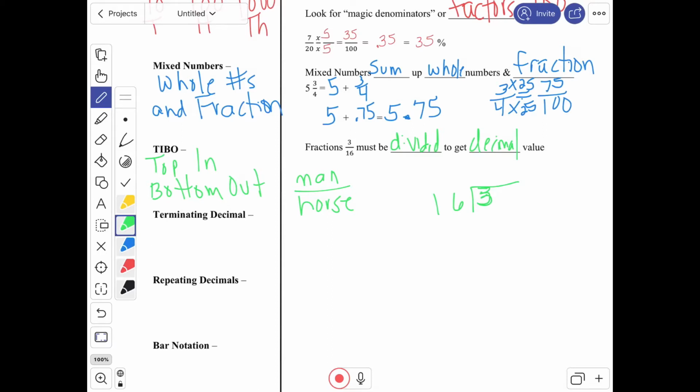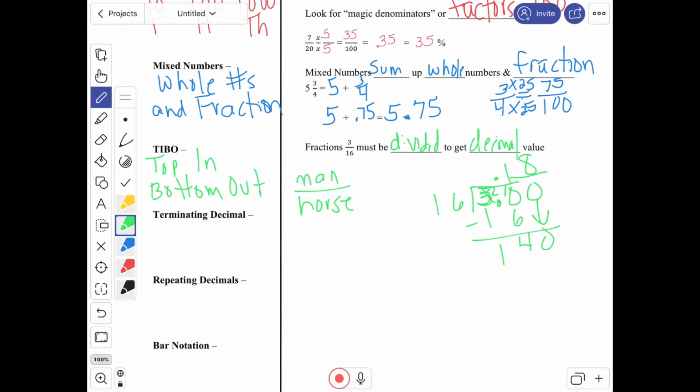And we have to divide. 16 does not go into 3, so we put down a decimal and a 0, and we keep going. 16 goes into 30 once. And you'll have to borrow. 14 left over. So we put another 0 and keep going.